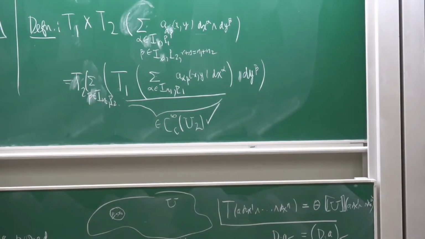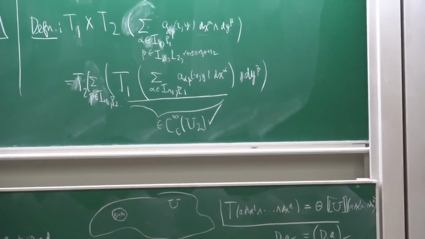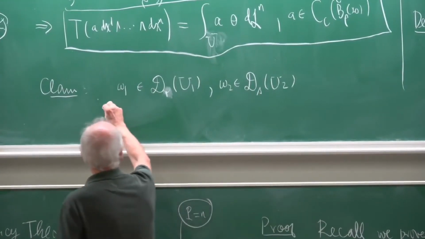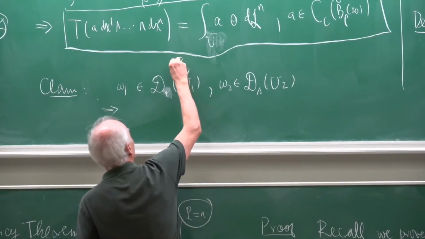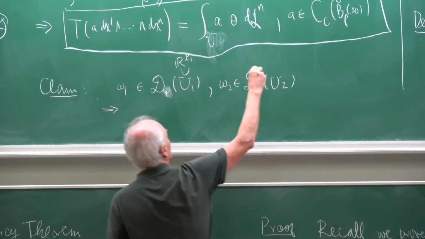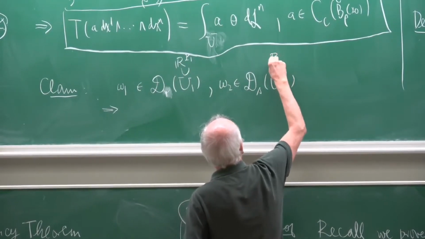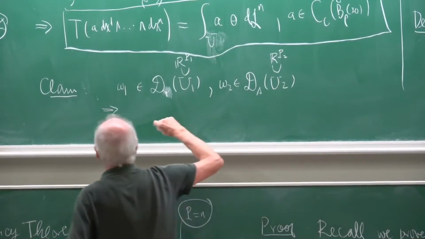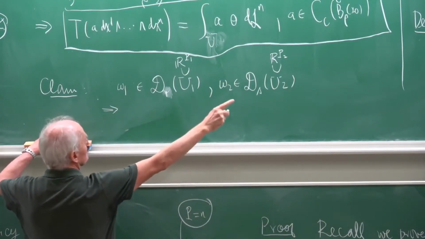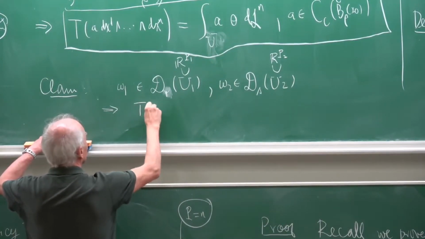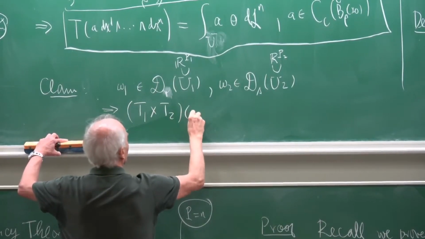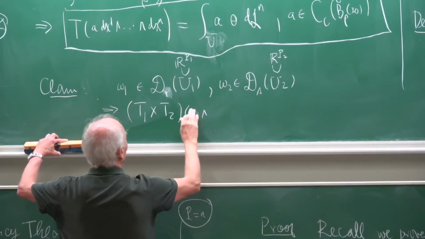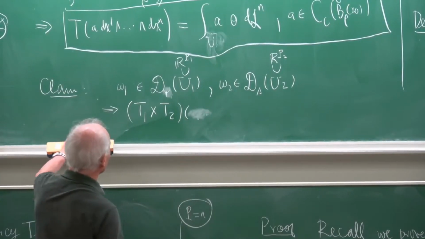So that is, in other words, you can check this, that if you take two such forms, remember U1 is contained in R^P1 and U2 is contained in R^P2, then using our definition there, you see that (T1 cross T2) of omega1 wedge omega2, and again, we've got to be a bit careful here.